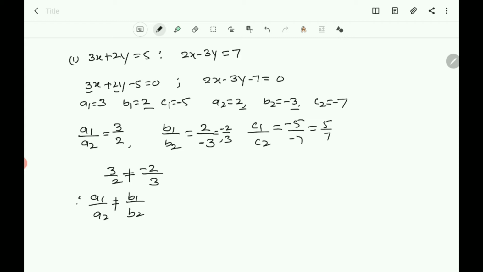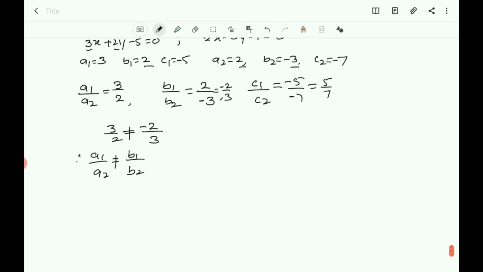In this case you know that the given lines are intersecting, so the given pair of linear equations has exactly one solution, and therefore it is consistent. So write, therefore the given lines are intersecting.